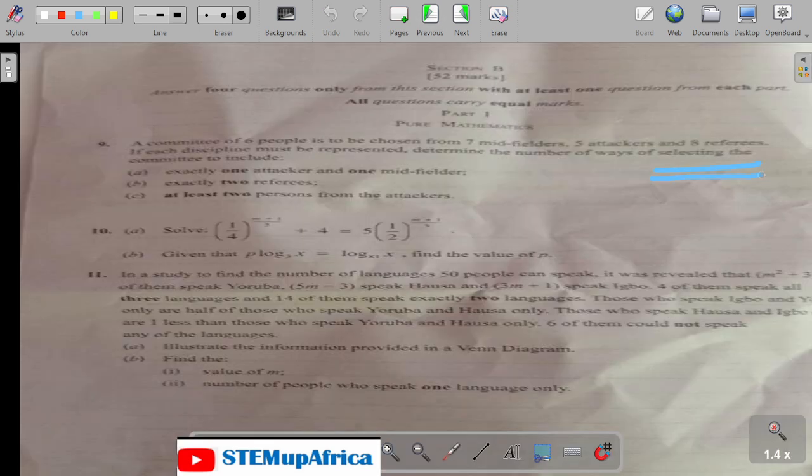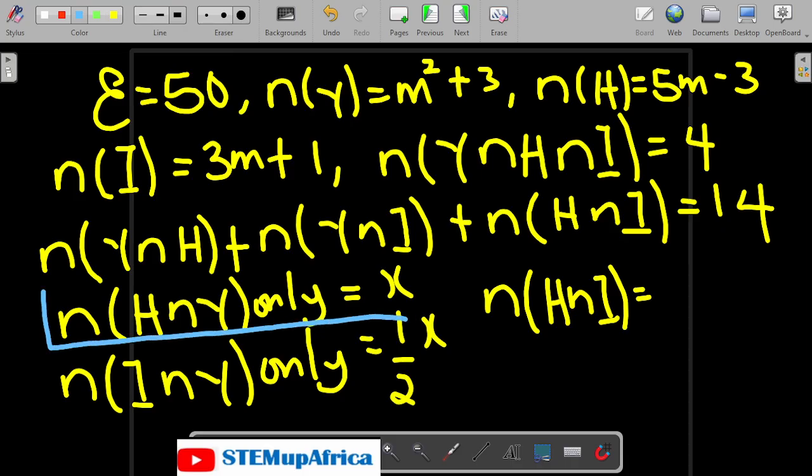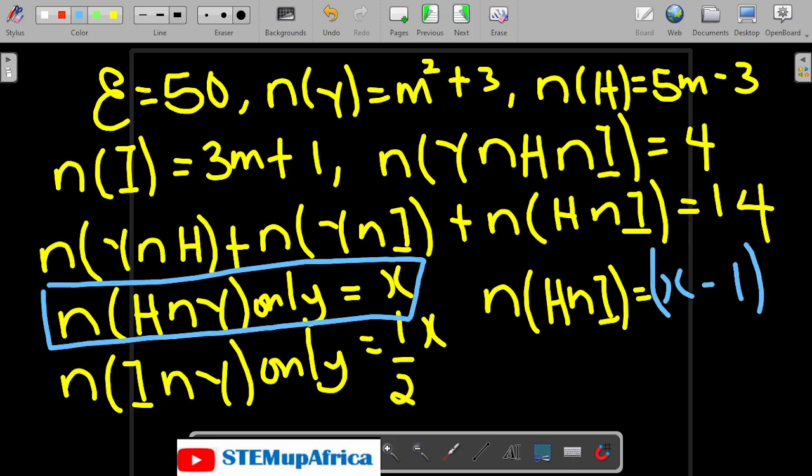The number that speak Hausa and Igbo is one less than those who speak Hausa and Yoruba only. And those who speak Hausa and Yoruba only, you can see the value is x. So we're having x minus 1.